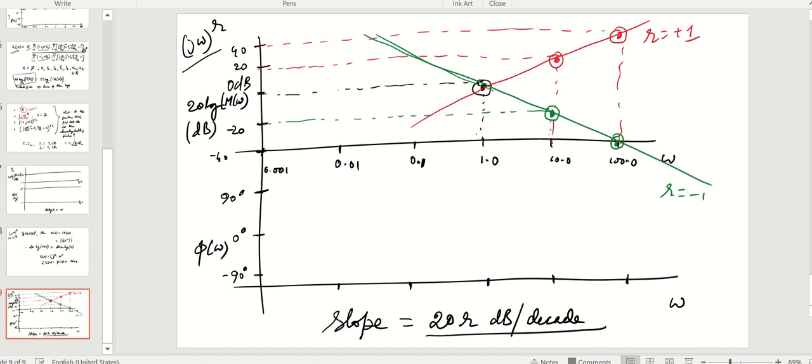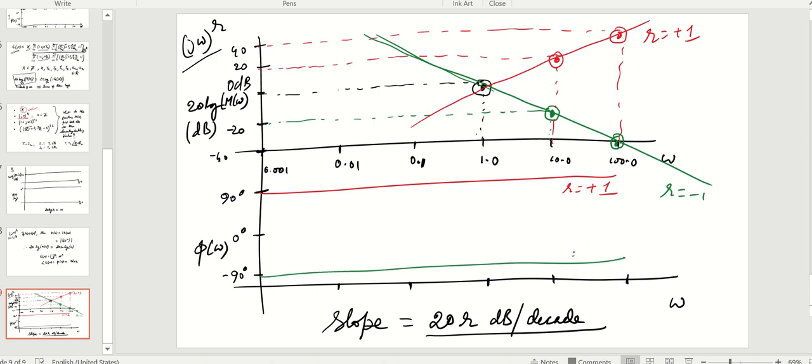So again, following the same convention as before, we have the phase plot for r is equal to +1 and the phase plot for r is equal to -1.